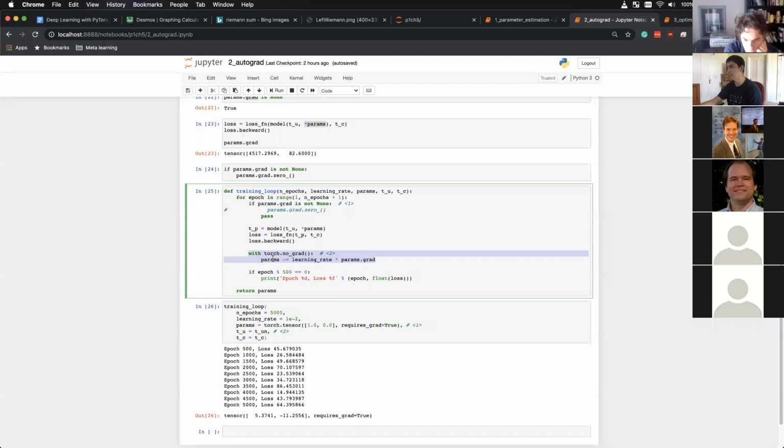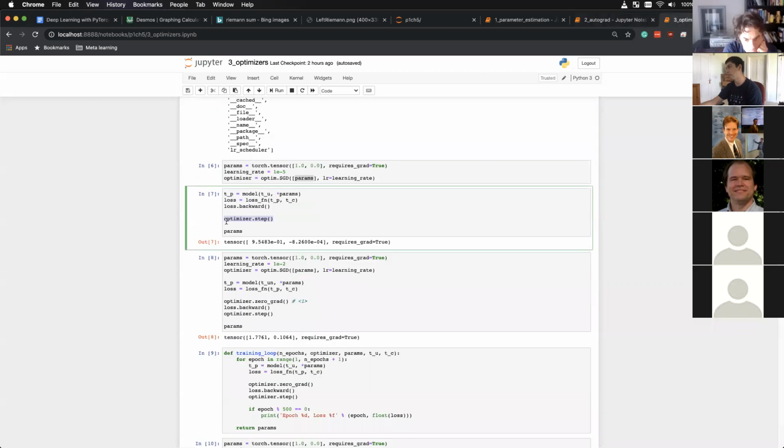And this is basically just stochastic gradient descent. This is a simple equation, but sometimes it can get more complicated than that. Adam has additional parameters and other things that it's keeping track of. So to keep it simple, you can just say, I want Adam, I want SGD, and plug in the different ones.